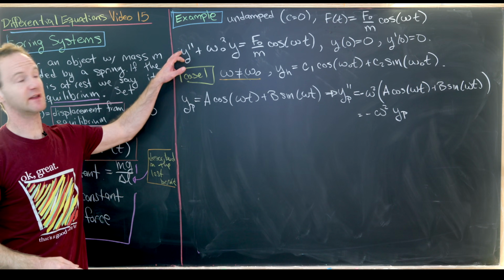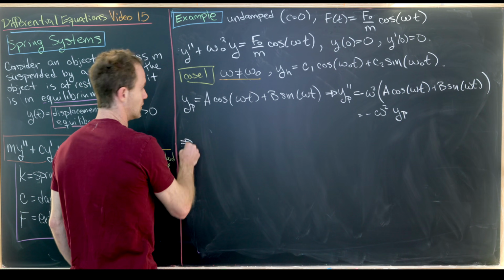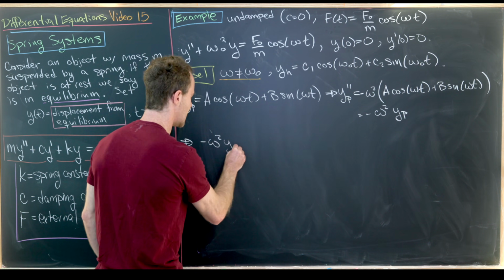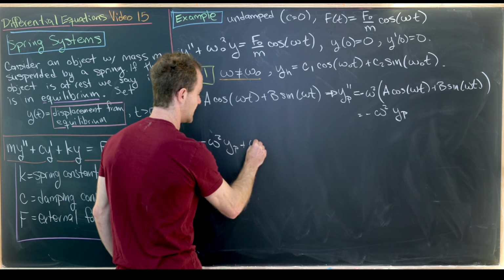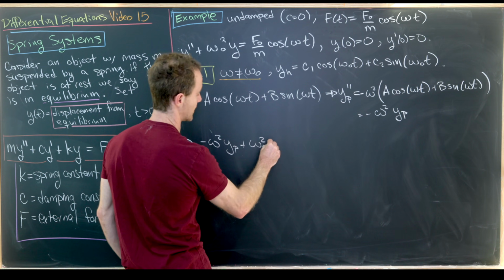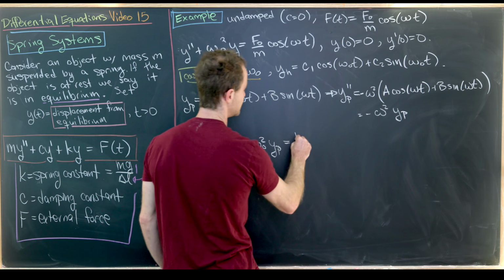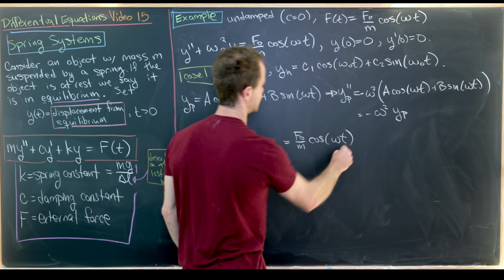Okay, good. So now let's plug this up here and see what we have. So we'll have minus omega squared times yp, from our second derivative, plus omega naught squared times yp, from this portion right here, equals F naught over m times cosine omega t.